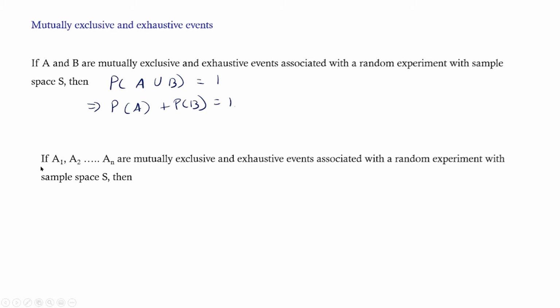And now we can extend this to n such events. If A1, A2, up to An are mutually exclusive and exhaustive events associated with a random experiment with sample space S, then we have probability of A1 plus probability of A2 plus probability of A3 plus up to plus probability of An equal to 1.